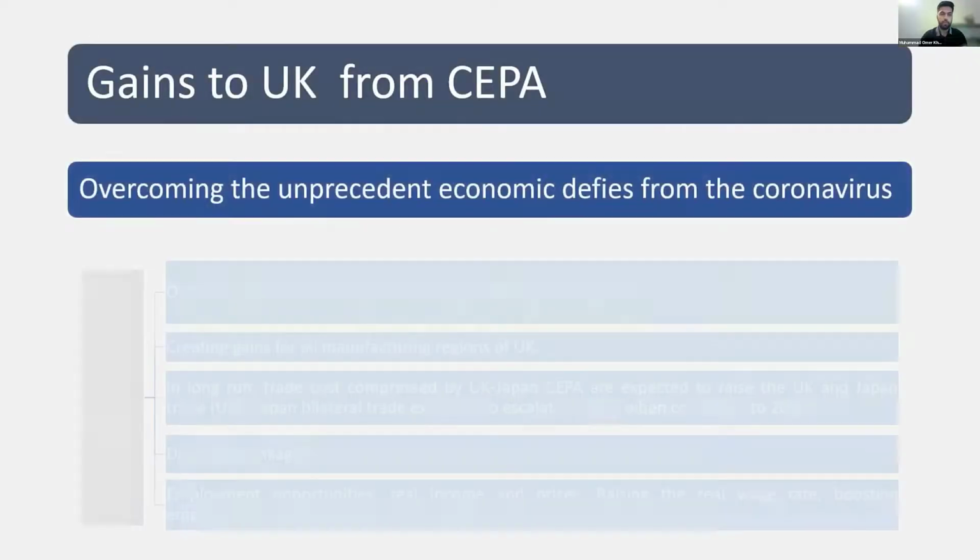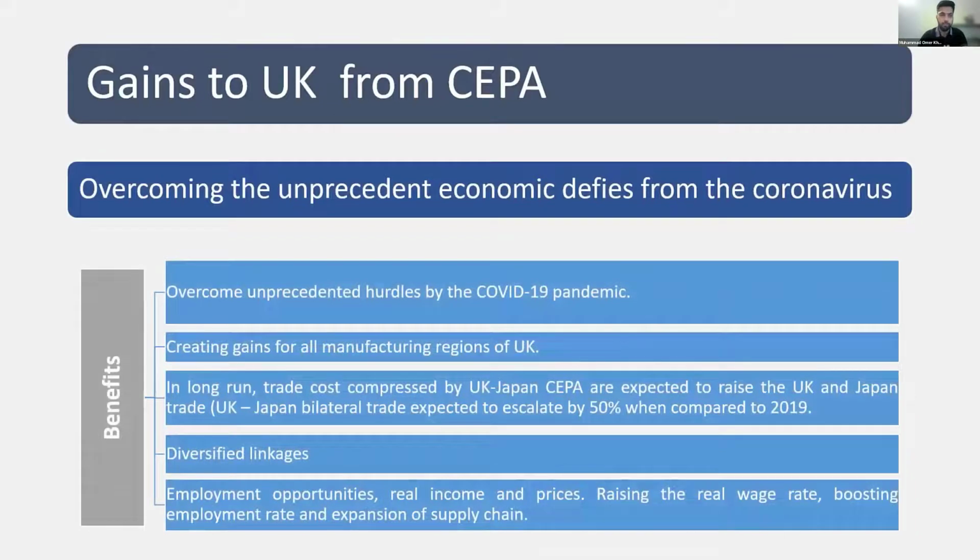If we look into the gains to the UK if it joined the Comprehensive Economic Partnership Agreement with Japan, the first is to overcome the unprecedented economic situation which happened in COVID-19. You all know that not just in the UK but in the whole world, recession took place.